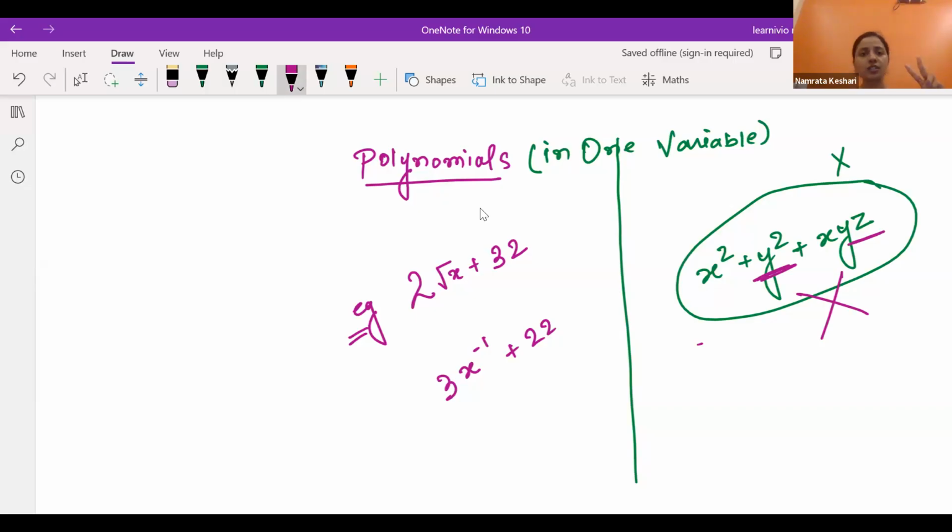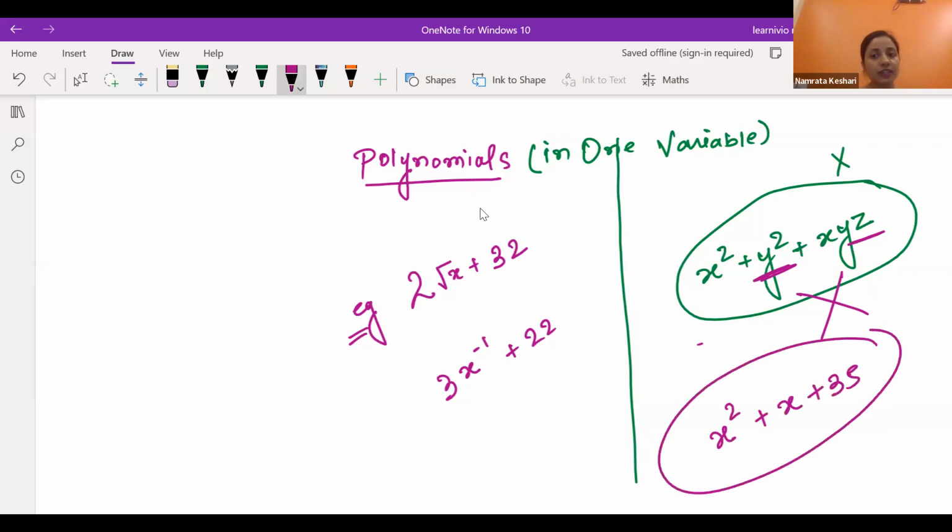So polynomial means polynomial in one variable. The second condition is the power of each and every variable. Take x square plus x plus 35. Here how many variables are there? Only one. x can be repeated, but only one type of alphabet can you see over here.